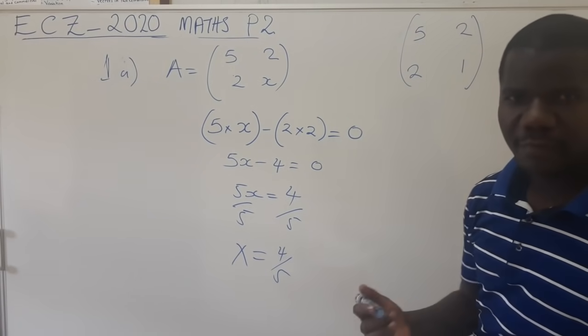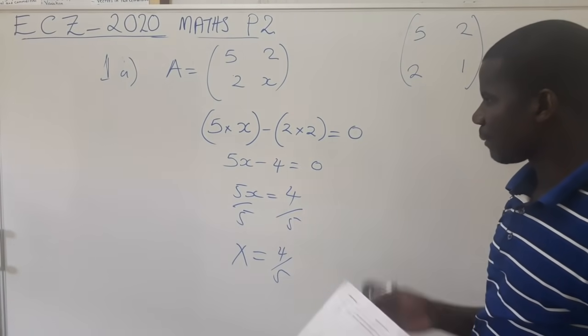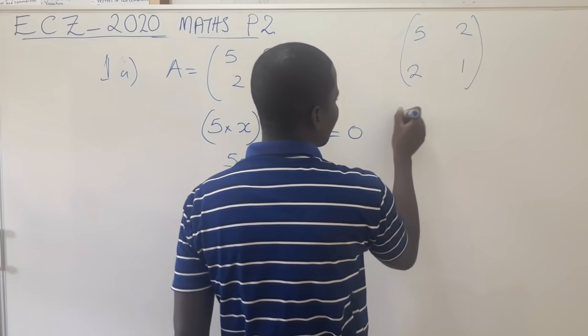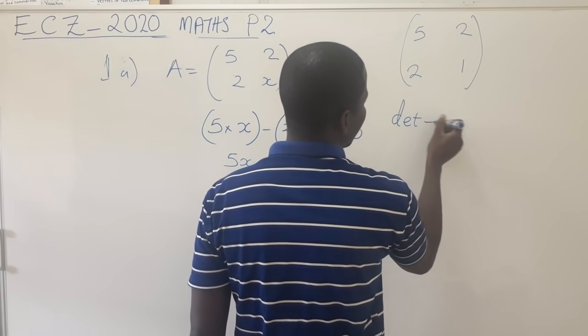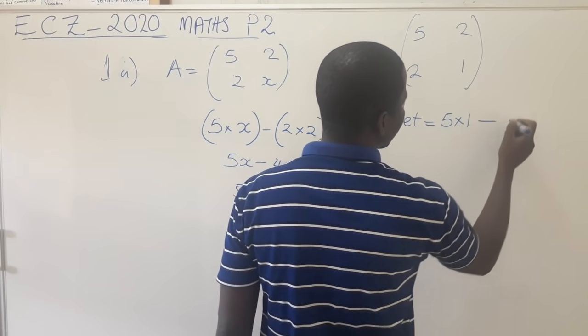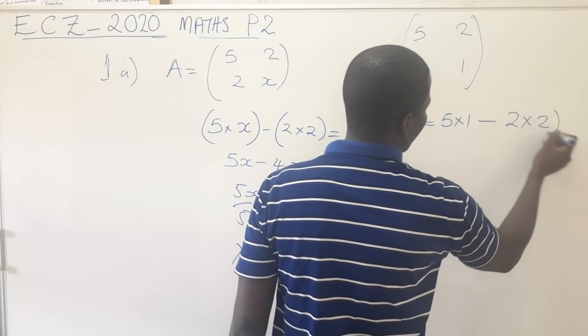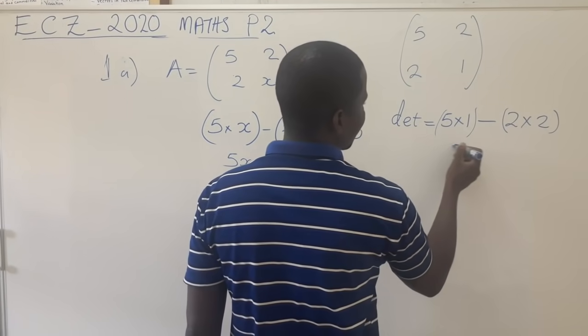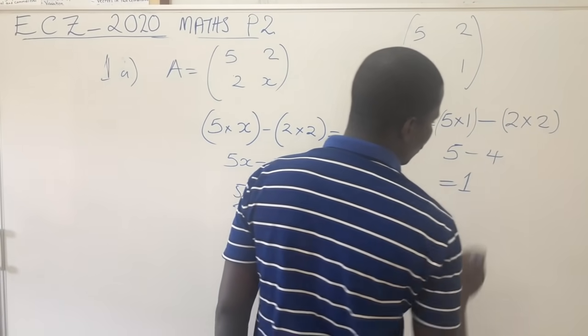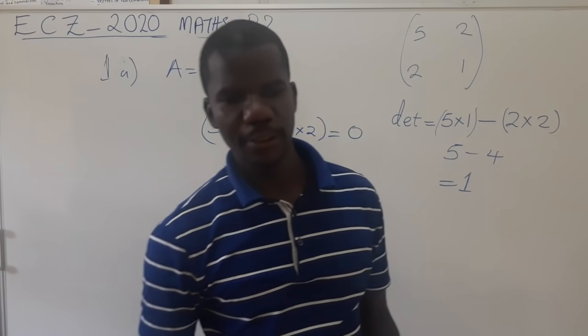The first thing to do is to find the determinant. The determinant equals 5 multiplied by 1 minus 2 multiplied by 2. This gives us 5 minus 4, which is 1. So 1 is our determinant.